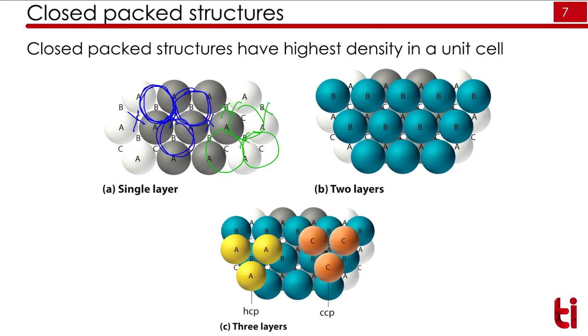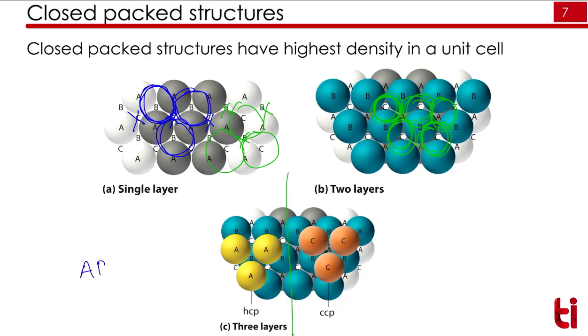So either we can put a B layer on top of the A layer or we can put a C layer on top of the A layer, but we can put a C layer on top of the B layer like this. Here we can put a C layer on top of B like this. So this gives rise to two combinations. One is called the A-B combination.